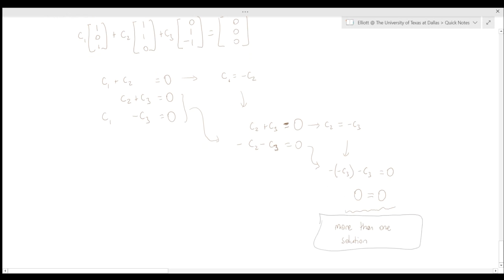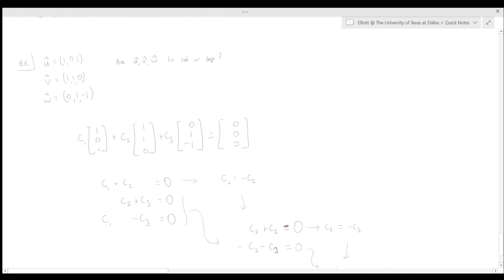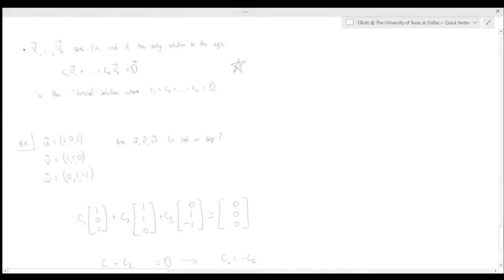We'll talk more about that next time. Because there's more than one solution, that means the vectors are linearly dependent. To be independent would mean there was only one solution, the one where all the C's were equal to 0, and that's not what we got.